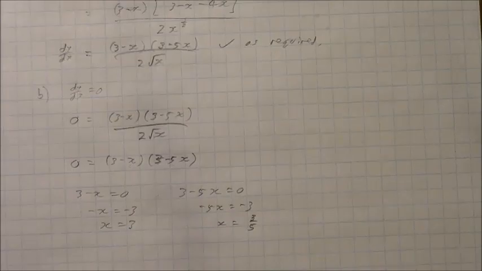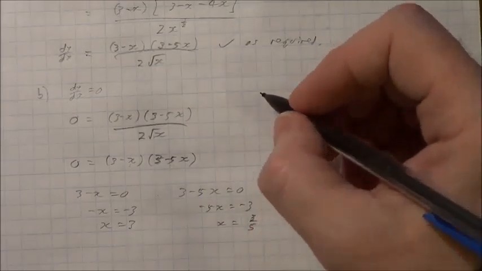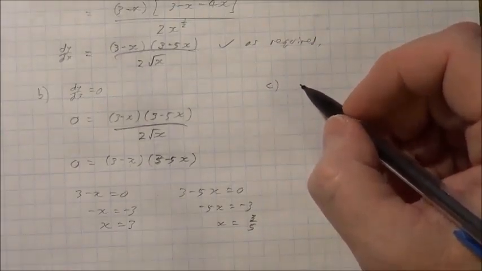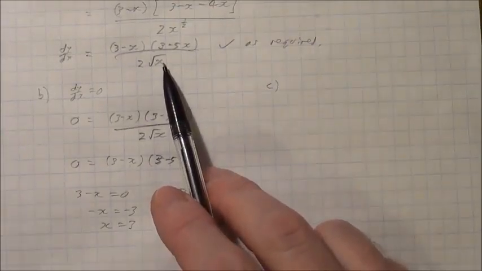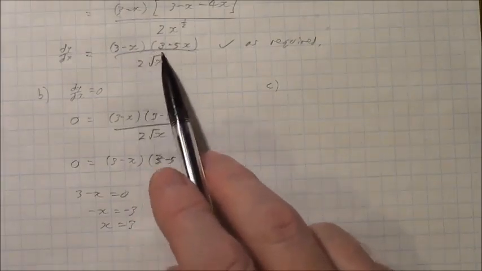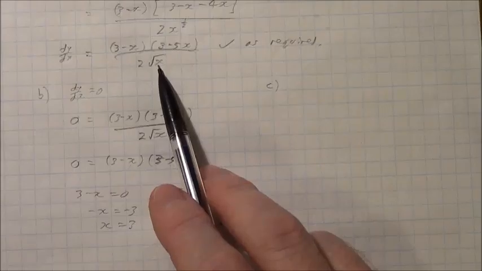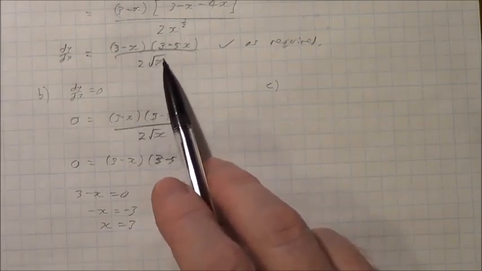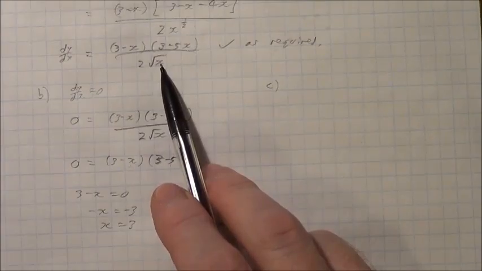Next question asks for which x values dy by dx is undefined. This function will be undefined when the denominator is equal to 0, or, because we have the square root, when x is less than 0.